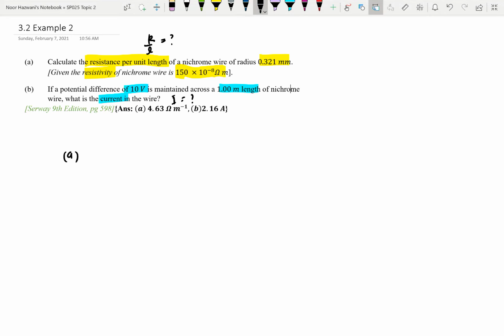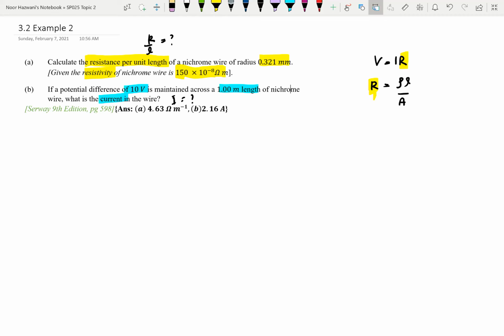Okay, so if we want to find the resistance, actually we have two equations. Either you use Ohm's law, V equals to IR, or the other one, R equals to rho L per A. Right? There are two equations that have R. But for this equation, it gives us the radius, so we have to find out the value of area.